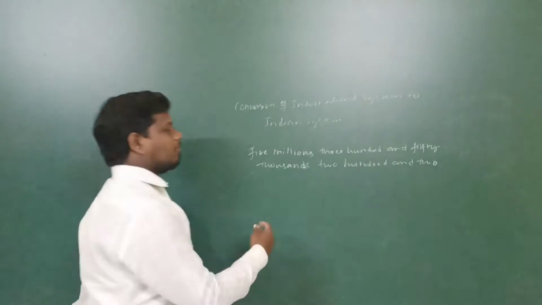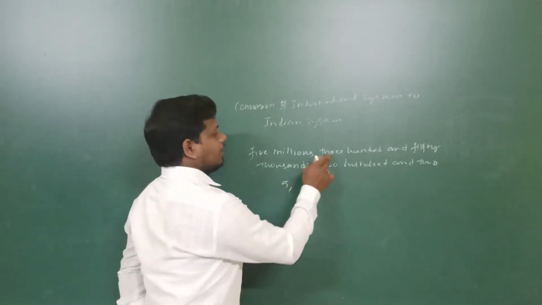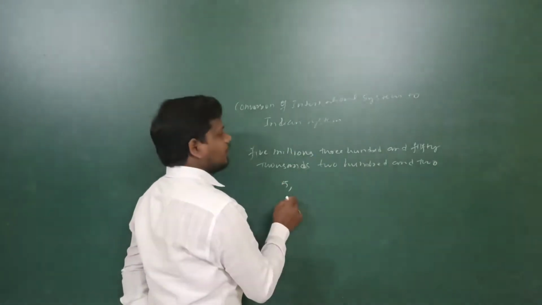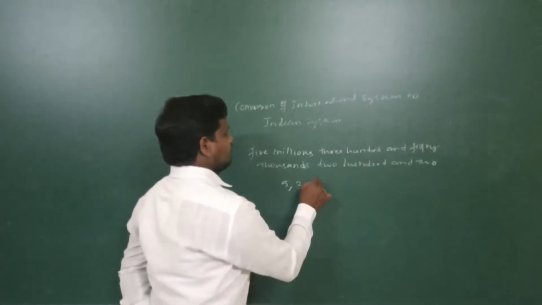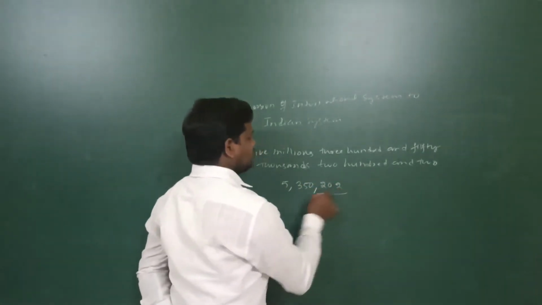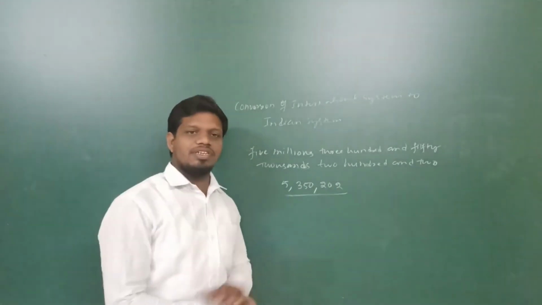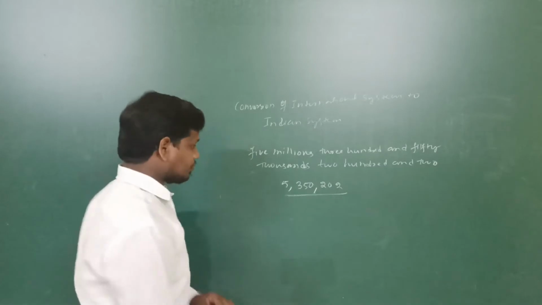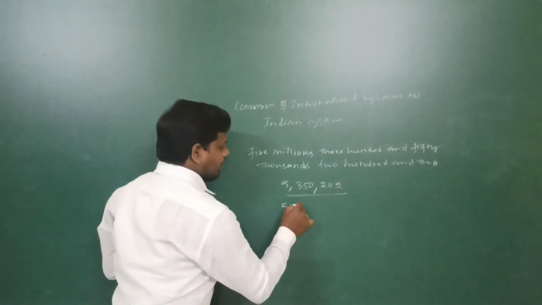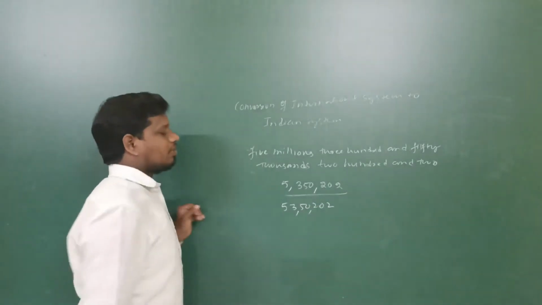First convert it into the form of a number: 5 millions and 350,000, then 202. Now this is the international system. This we can convert into the Indian system. How? 5350202. Like that you can convert.